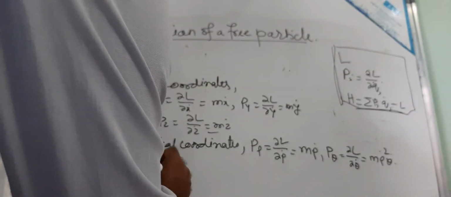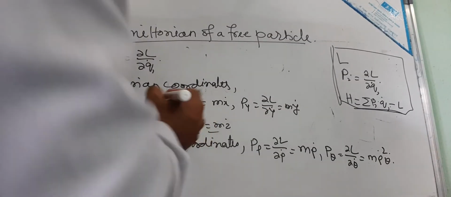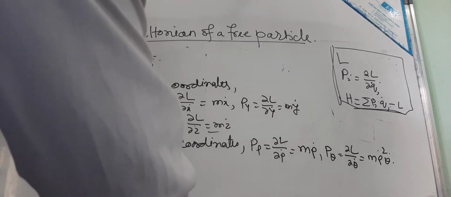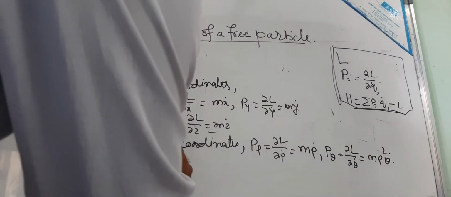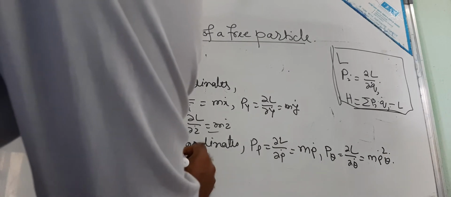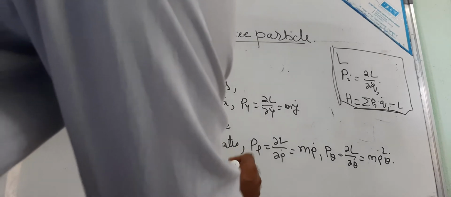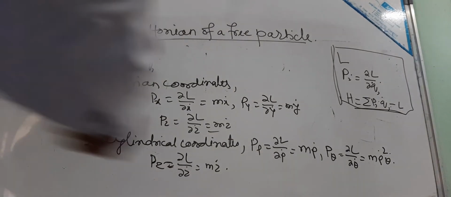And Pz equals del L by del z dot, which is m z dot. So this is for the Cartesian and the cylindrical.